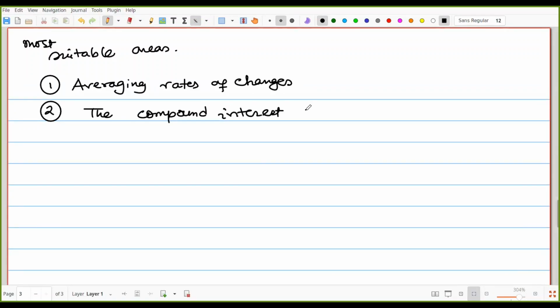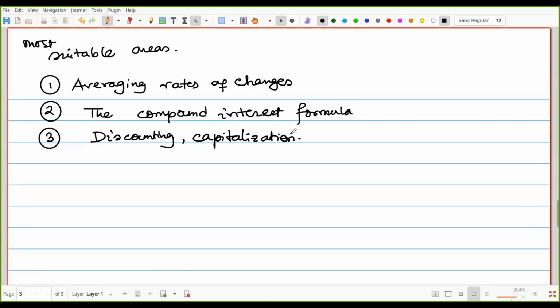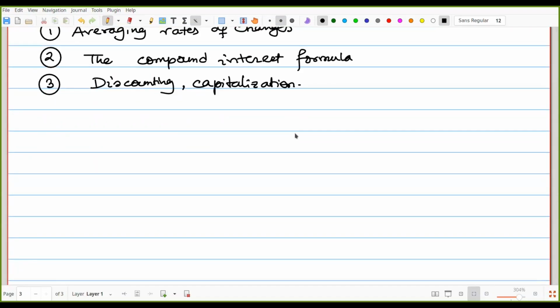That means in banks, the geometric mean is used. Then the discounting. That means in most of the cases in the financial aspects or the capitalizations, the geometric mean is very important. Suppose the first one, averaging rates of changes. Some problem based on that.